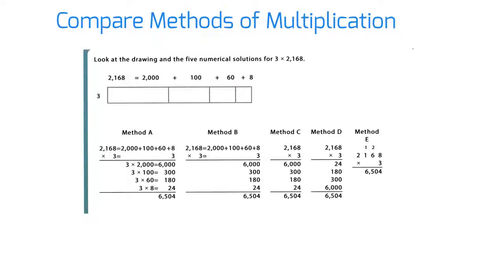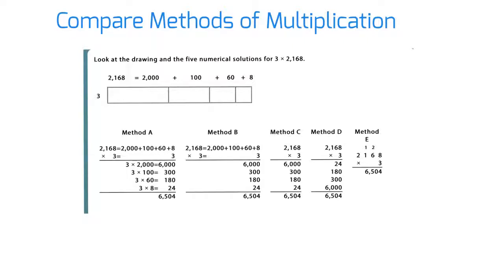In addition, we want to think about what is different. So again, methods C and D are similar in that they show the partial products, they're just in reverse order. So there's a difference there in the order of the partial products. One is going from greatest to least, the other is going from least to greatest.